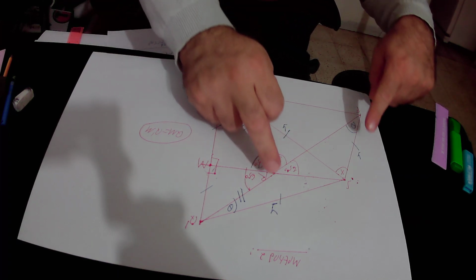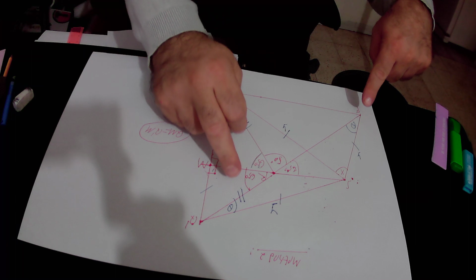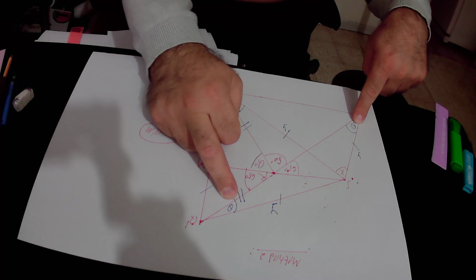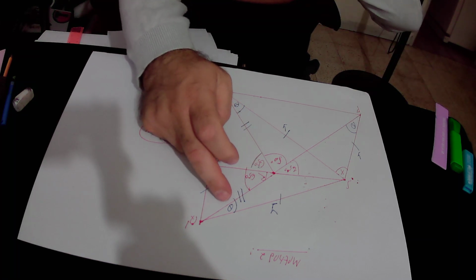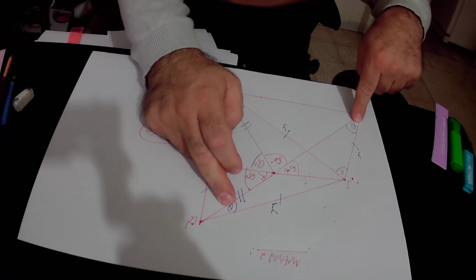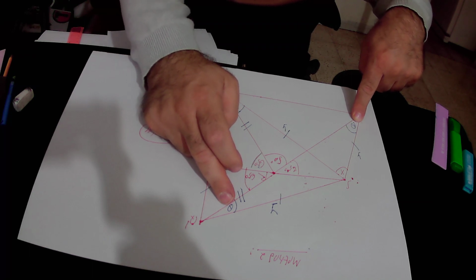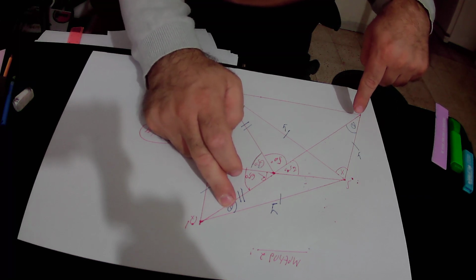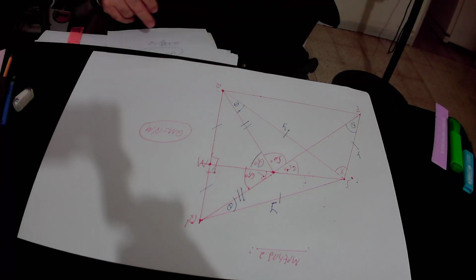So in front of these two sides, we have two equal angles. That is to say, those two angles are equal to each other because they are located in front of equal sides, y and y. So this angle equals theta. Therefore, this angle must be also equal to theta because those two angles are equal to each other. So if this angle is theta, then this angle must be also equal to theta.